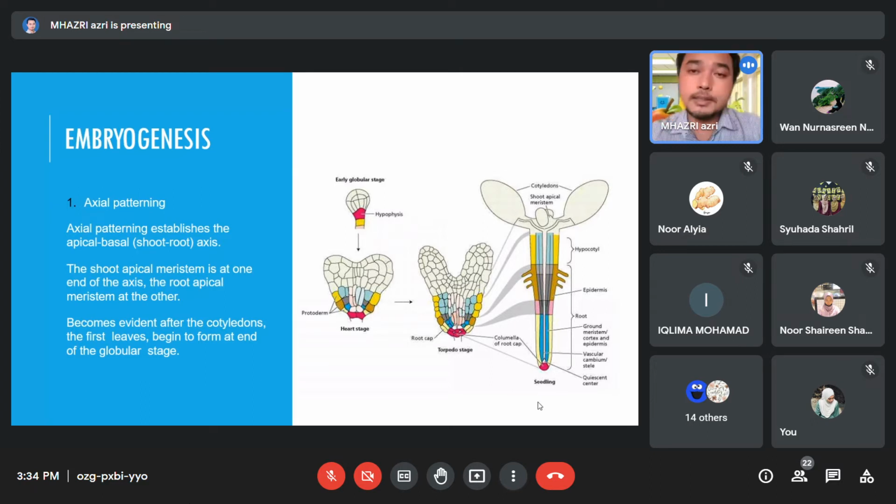So this growth, how to say it, if we produce vegetative seedlings from plants, for example, there are certain plants that can be grown vegetatively, like sugar cane.